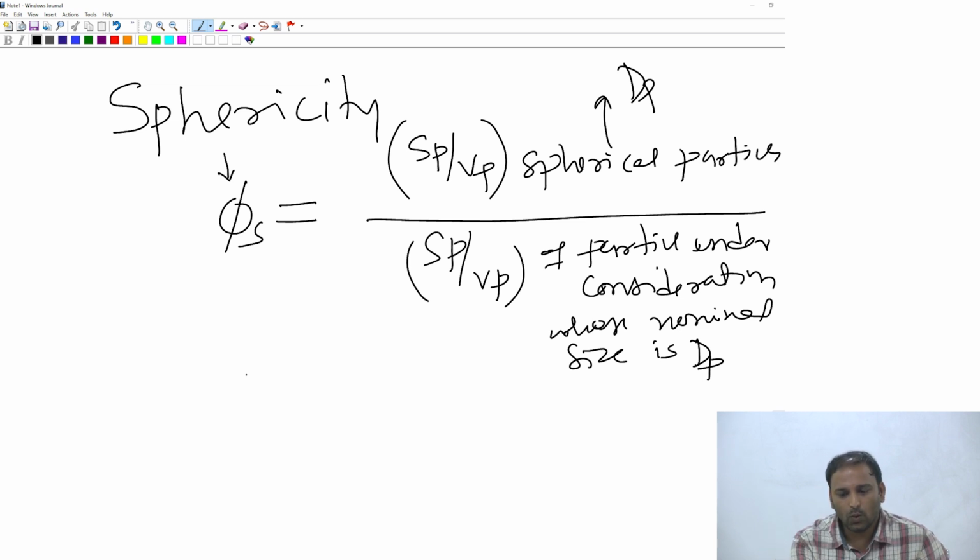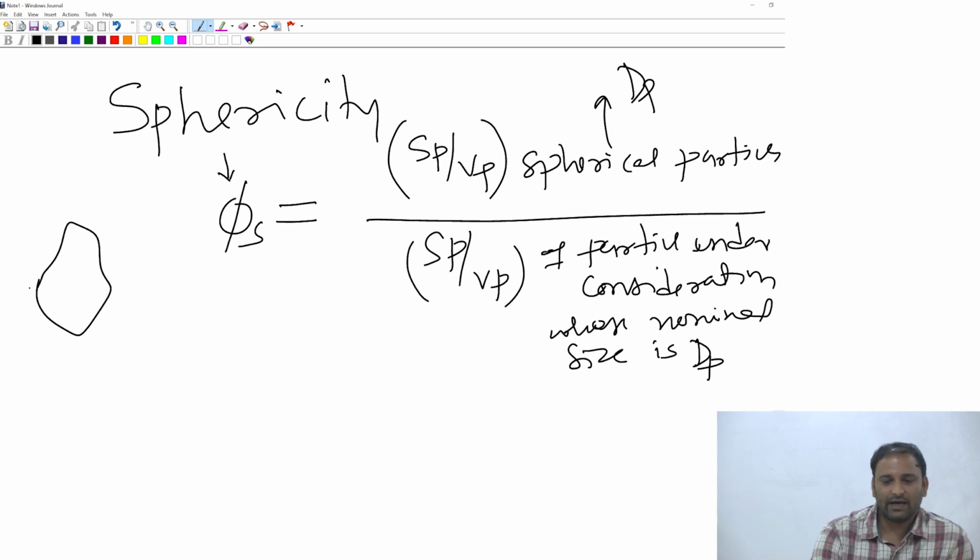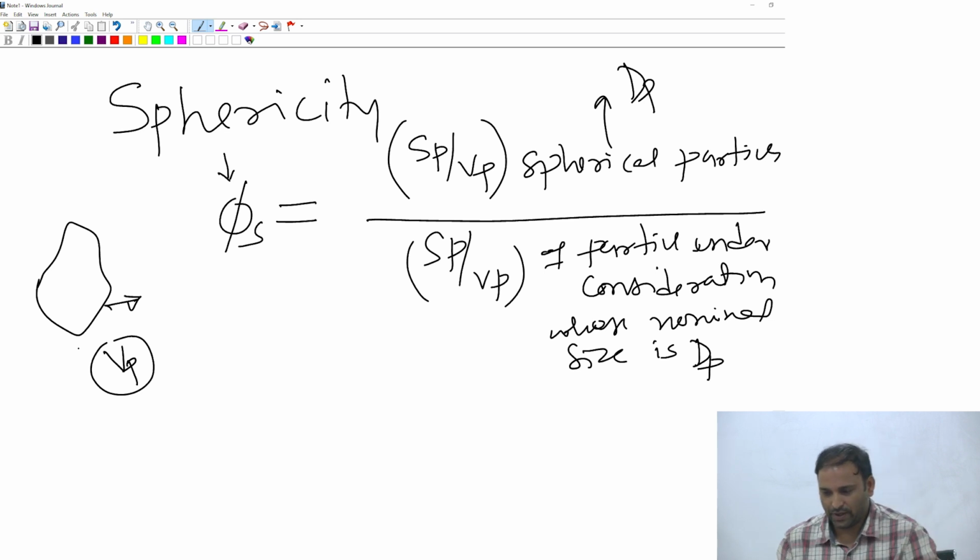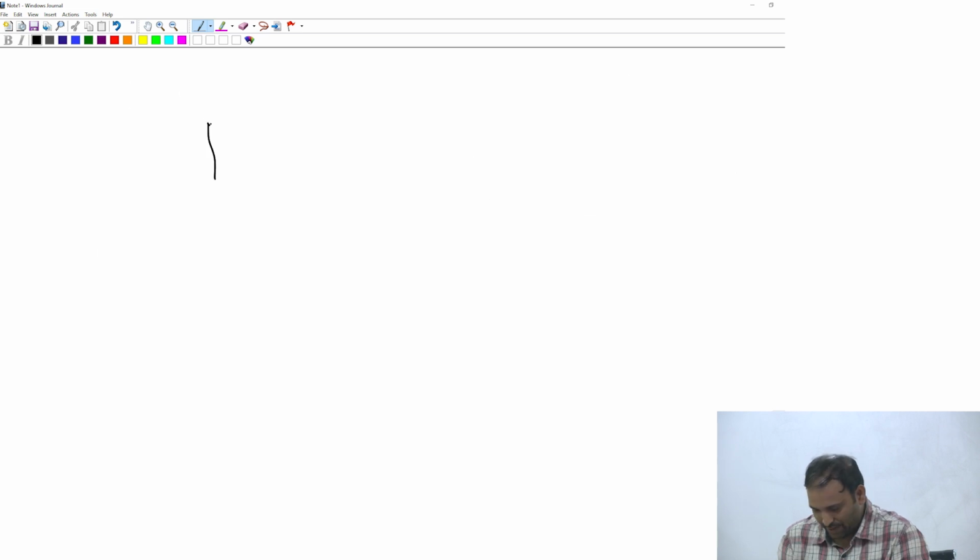So now all you have to do is say that I have an arbitrary object like this. What you do is you say that the volume of the particle under consideration, right. So let me put it this way. Let's do an example and I'll come back.